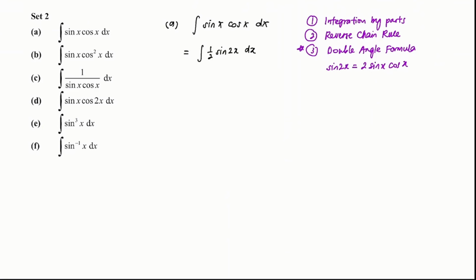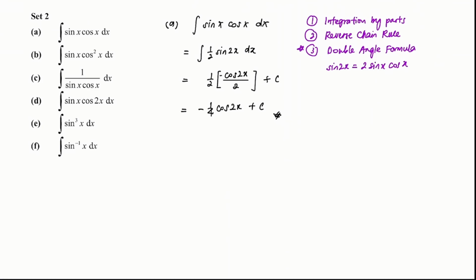And sine 2x is something that we've integrated before in our secondary school additional maths. So over here, this one is just negative half of cosine 2x over 2, plus c. So altogether, this would be negative 1 over 4 cosine 2x plus c.